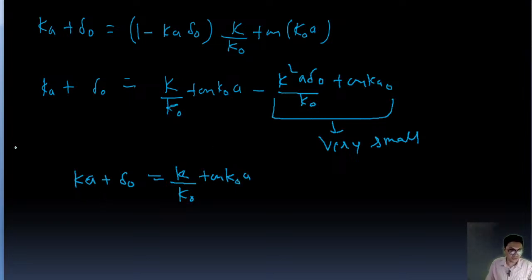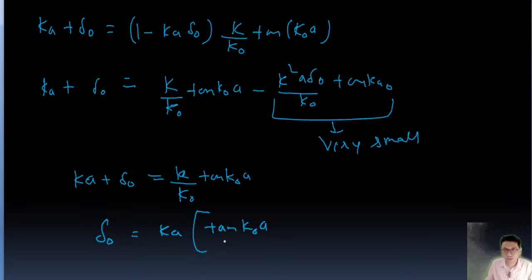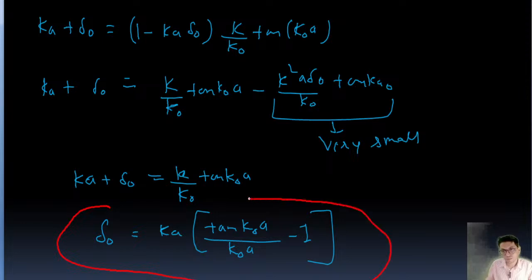And from here the value of delta naught is going to be ka into tan k naught a upon k naught a minus 1. Very important formula. So delta naught equal to ka tan k naught a upon k naught a minus 1. Very important.